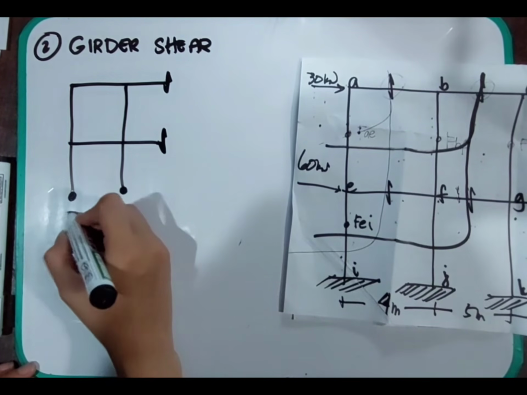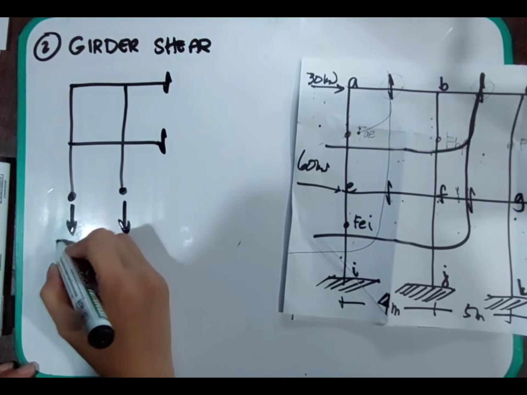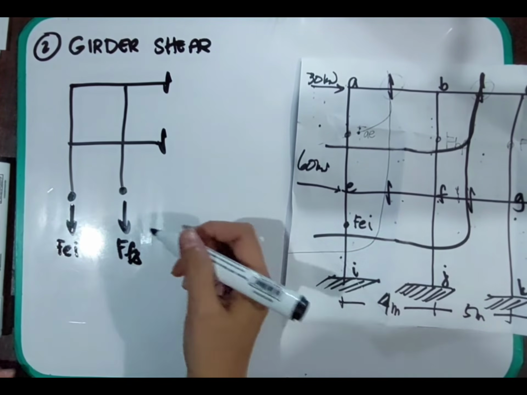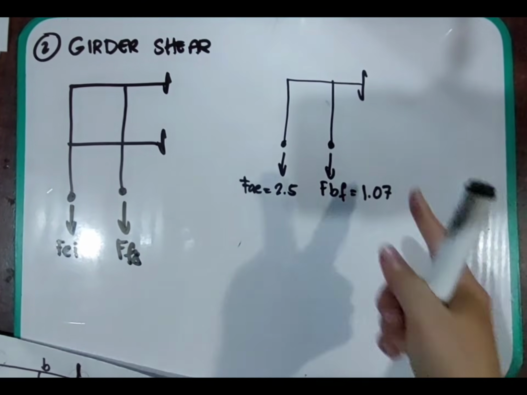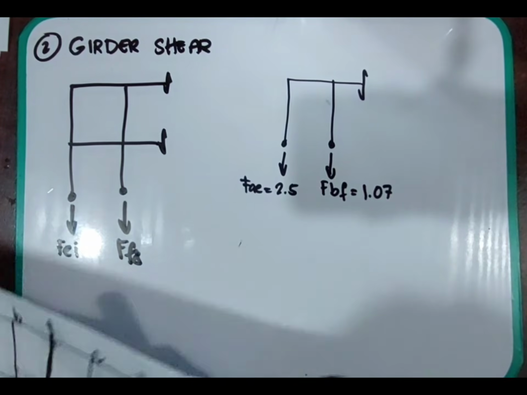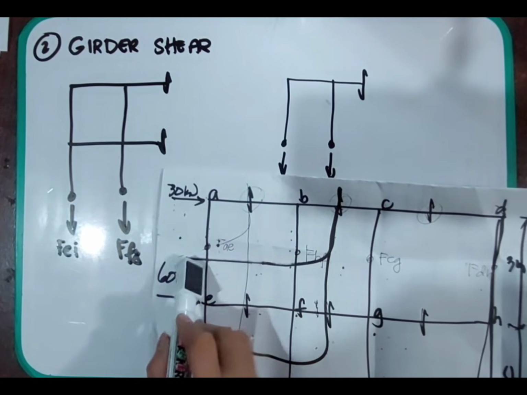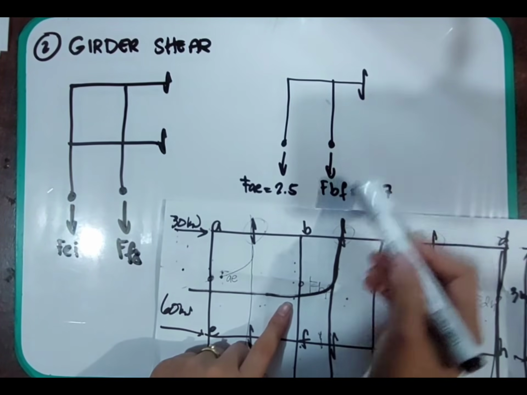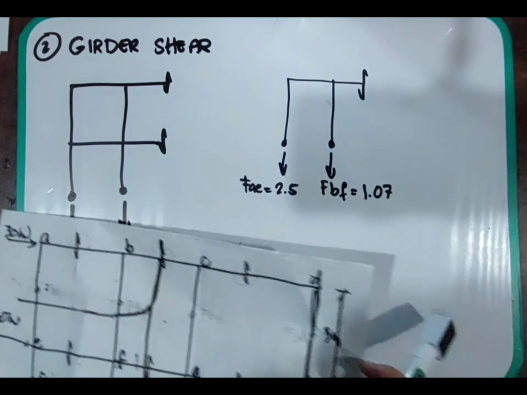And this is your force pababa, FEI. And then FFJ. Okay, so dito muna tayo ha, bago tayo mag-proceed dito. So, ito, kinat natin, point of inflection of FAE, point of inflection of FBF, and then your girder shear.